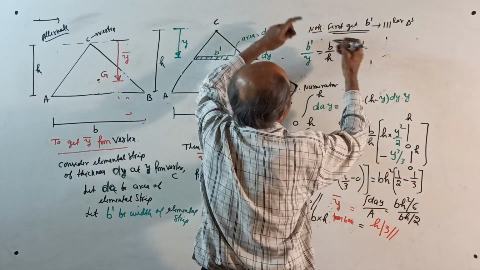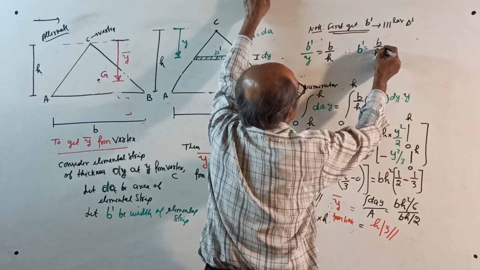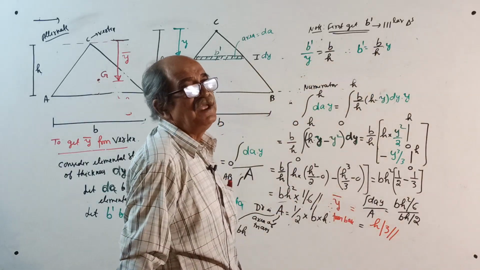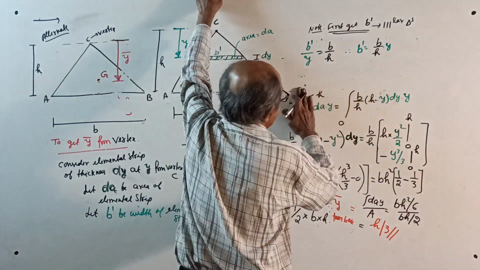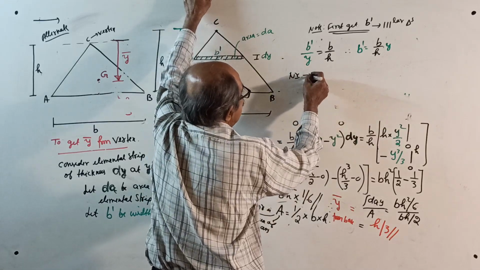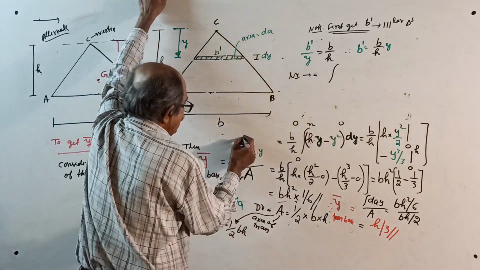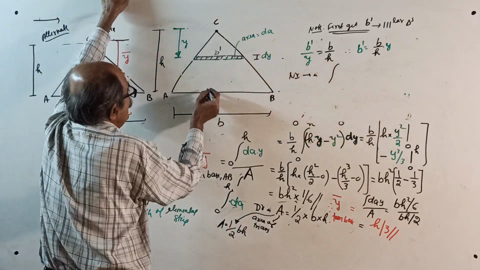Last time it came as B by h into h minus y, so this is a little better. So your numerator is the integration of dA into y, again with limits 0 to h only, since y starts from here and comes here.